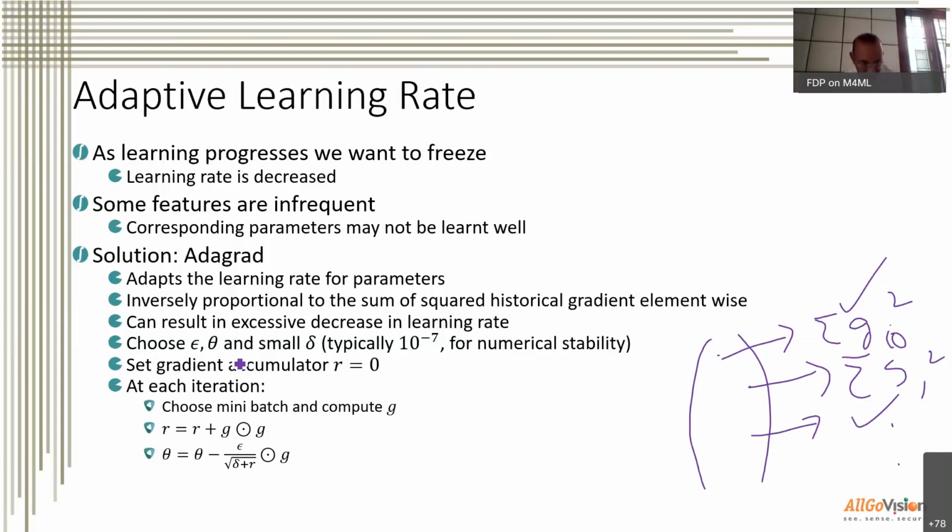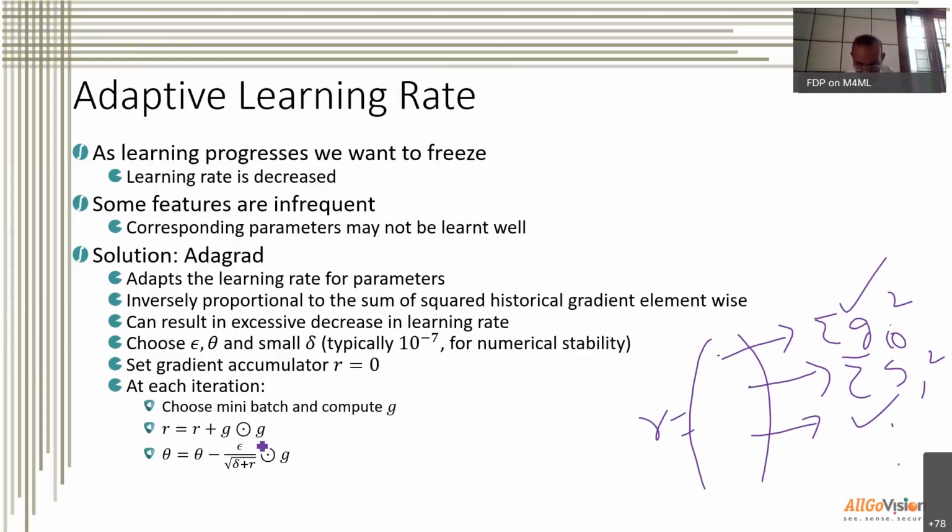Again, we choose three parameters: epsilon, theta, and a small delta. Delta is typically 10 to the power minus 7, and I'll tell you why it is important for numerical stability. Then we put in a gradient accumulator R. At each iteration, you choose a mini batch and compute g, and then update R as R plus g multiplied by g, and this is a pointwise multiplication.